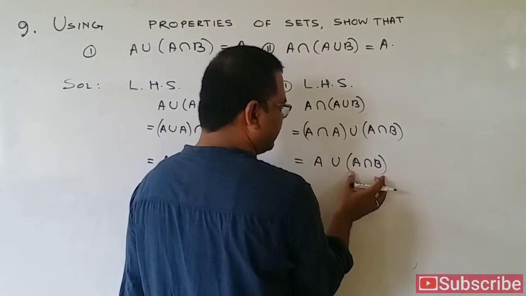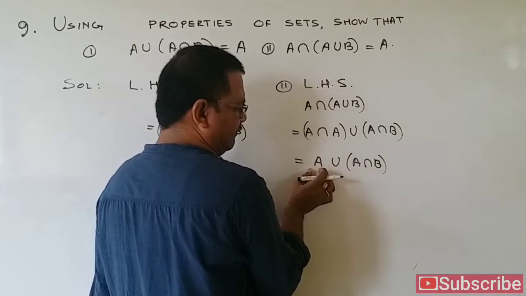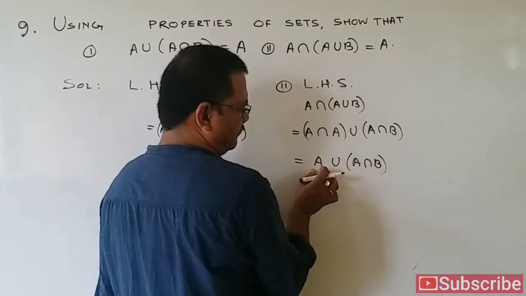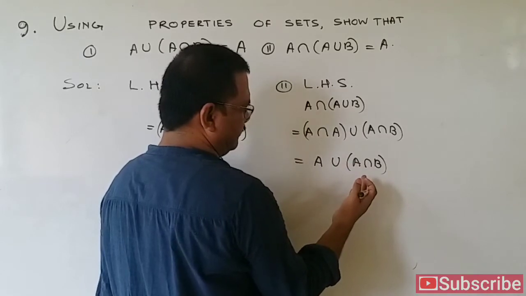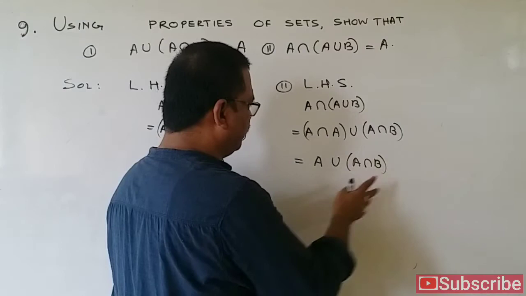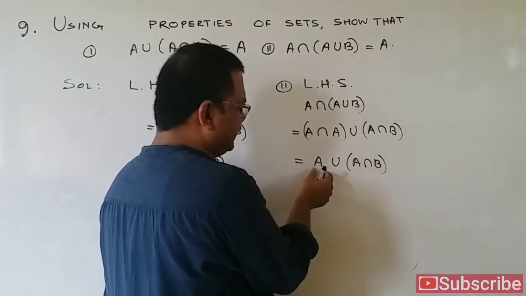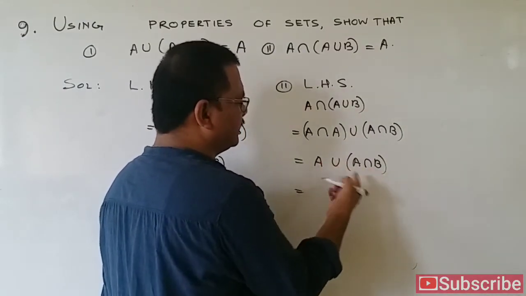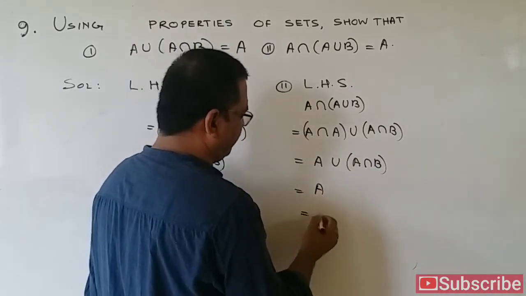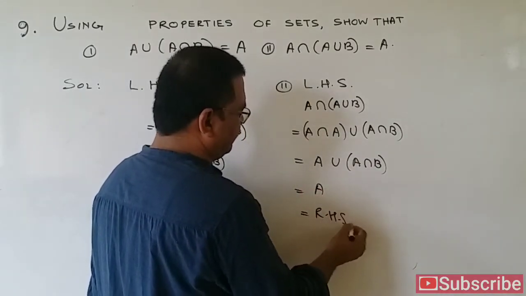This is the intersection part or the set itself. Which part is larger? Intersection part means common parts. The common part will be either equal or less than this one. Always the union of two sets produces the larger one, isn't it? So this is A. Right hand side proved.